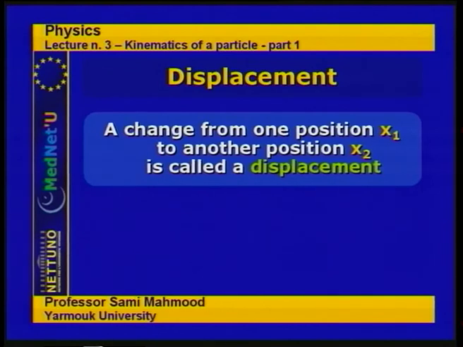In the motion, as we mentioned, we encounter the change in the position of a particle. This change in position of a particle is called the displacement. So when a particle moves from one point at a location x1 to another point located at x2, the difference between these two locations or positions is called the displacement.